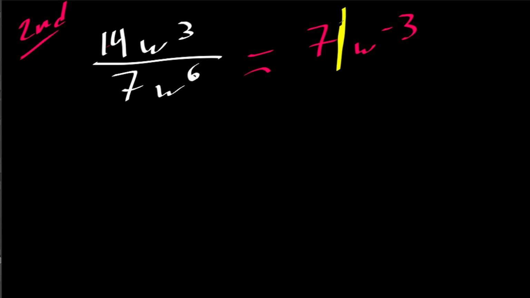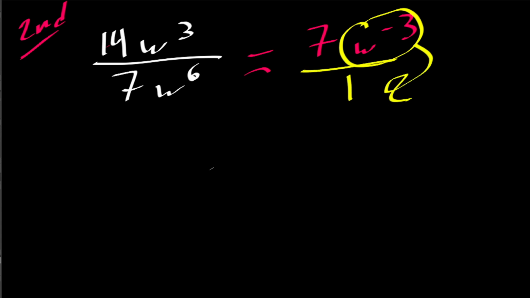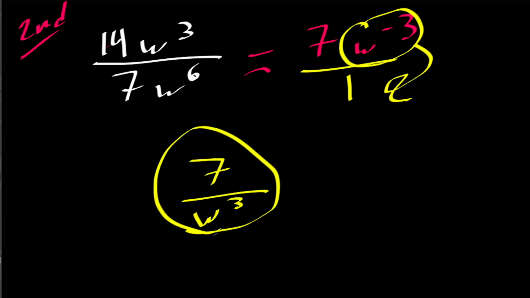And if there's a coefficient, you have to act like that coefficient's actually separate from the base, unless there's parentheses, but I can show you that in a sec. But as long as there's no parentheses, you move only the variable with the negative exponent to the bottom of your fraction. So this w to the third would go down to the bottom, and our answer would be 7 over w to the positive third power.